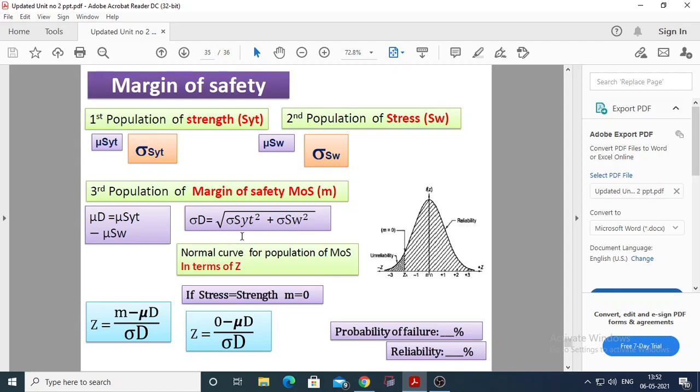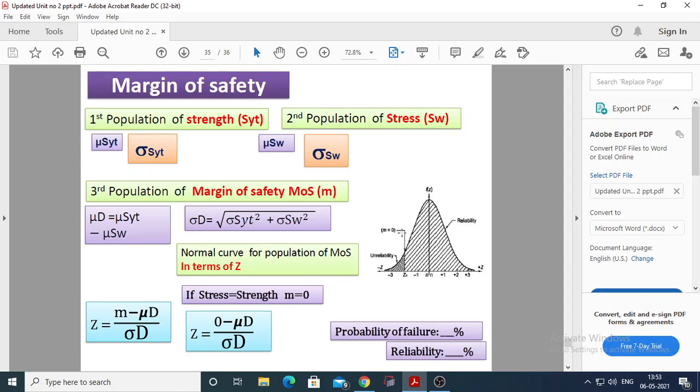It is the root of sigma syt square plus sigma sw square. I have shown one graph here. Check that. This is the normal curve for the population of margin of safety in terms of z.